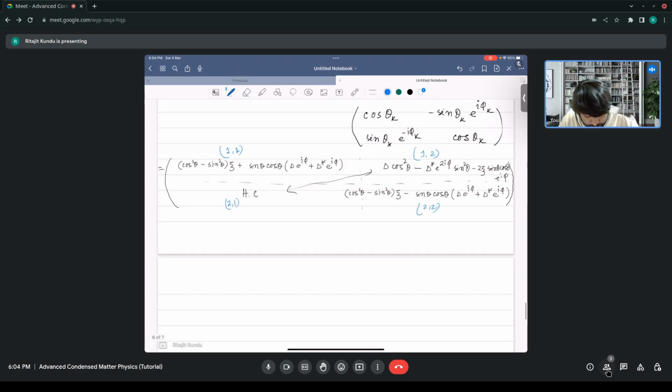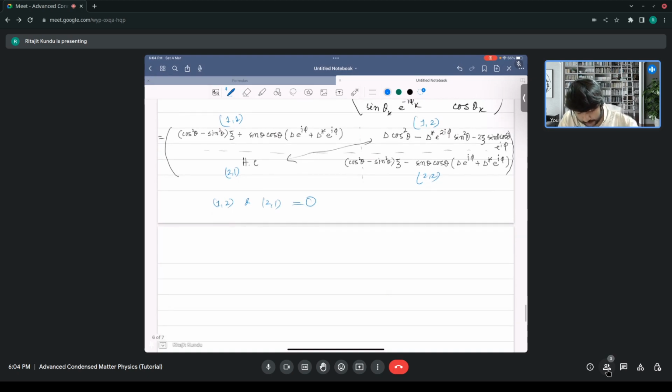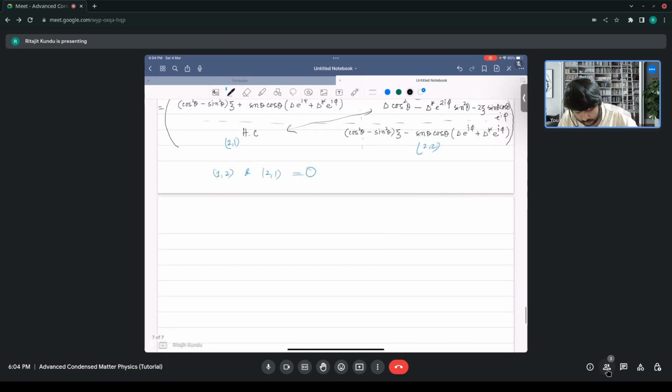this is my 2 1 term, and this is my 2 2 term. Now for this Hamiltonian to be diagonal, the 1 2 and 2 1 terms should be 0, right? That will give us the values of theta and phi. So for the off-diagonal part to be 0, we have to satisfy this equation.